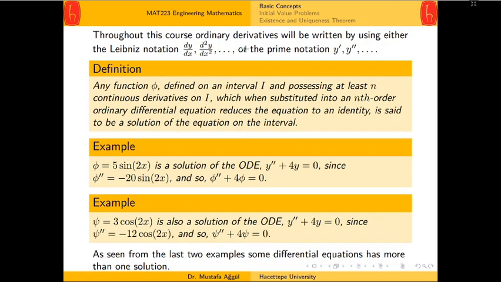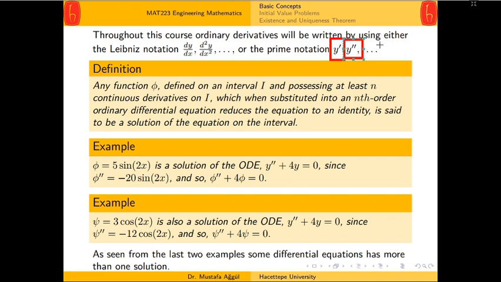We need to talk about the notation, how we show the derivatives. First of all, this is the Leibniz notation for the derivative. So this is dy dx. This is really what we have seen so far, and this is the second derivative, and so on. For the prime notation, we have y prime and y double prime, y triple prime.